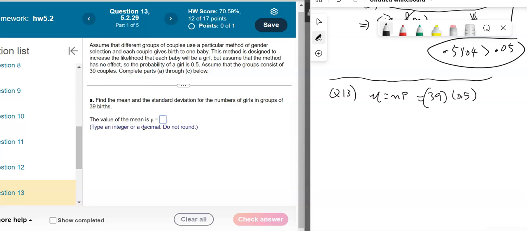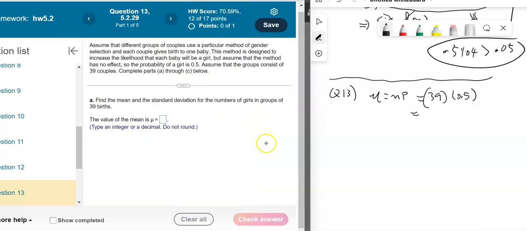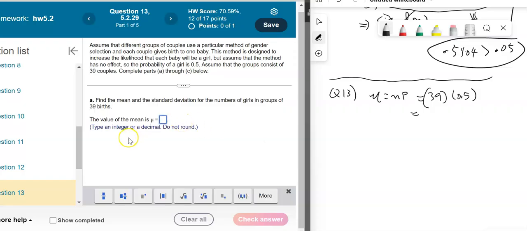So that is the value of mu. So 39 times 0.5 is 19.5. Do not round, so I'm going to just type 19.5.